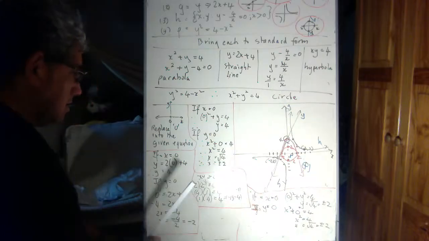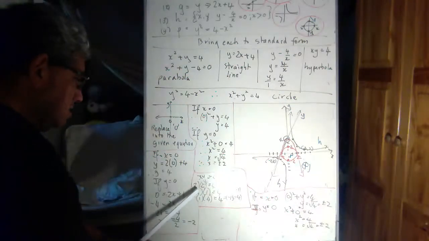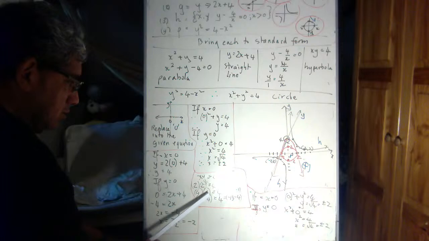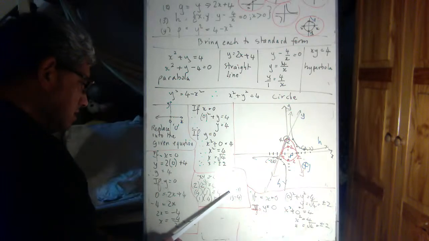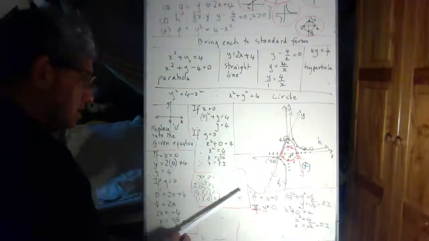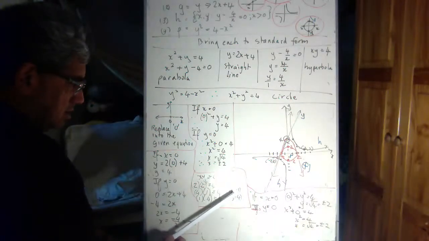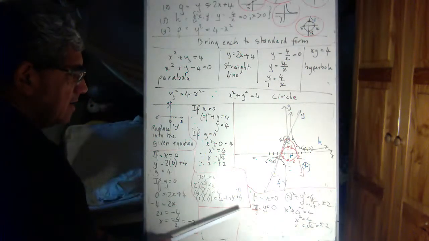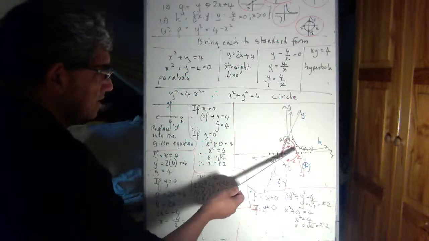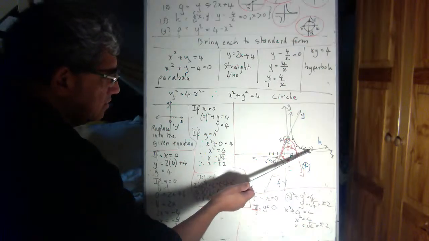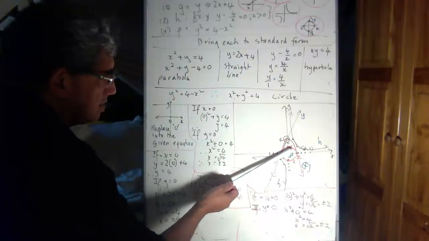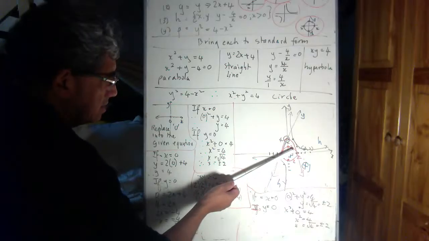Now, if x is 4, then y must be 1 because 4 times 1 is equal to 4. And if x is minus 4, then y is actually minus 1 because minus times minus is plus, so it's 4. And so you can plot that. If x is 4, y is 1.